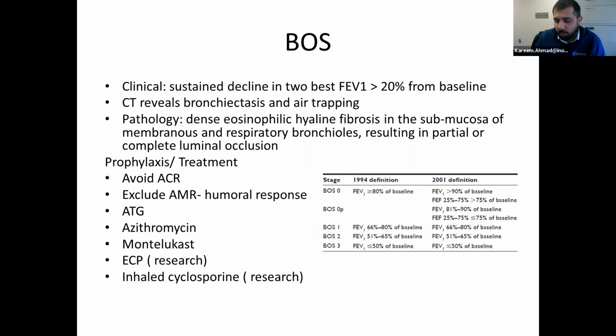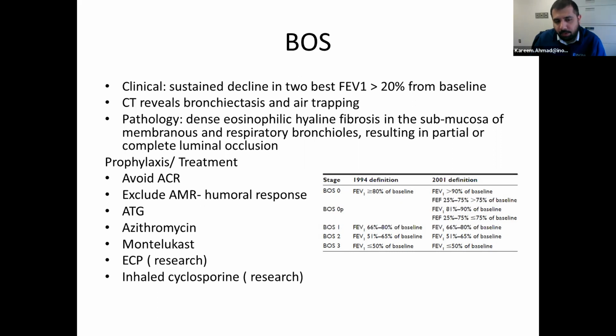And then here at Fairfax, years ago, I think like 2009, they did a study on montelukast, which showed some benefit in preventing chronic rejection or BOS, probably because of some mediation between eosinophils and neutrophils that montelukast does, but not very clear what it's exactly doing.